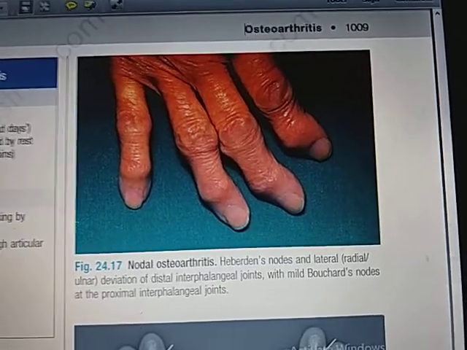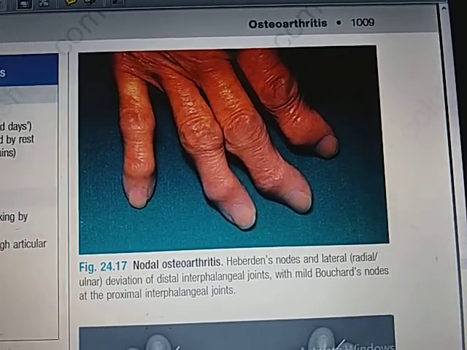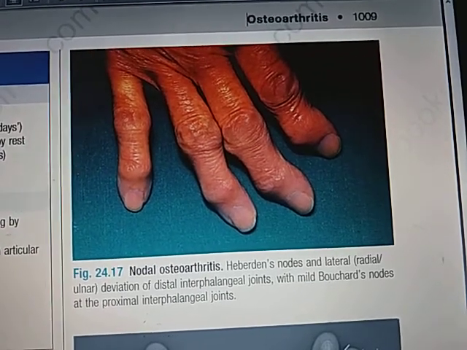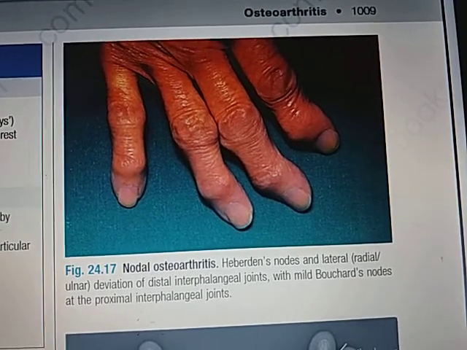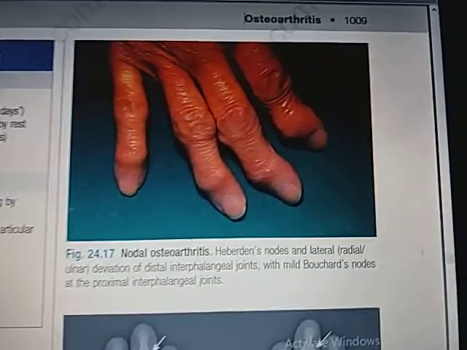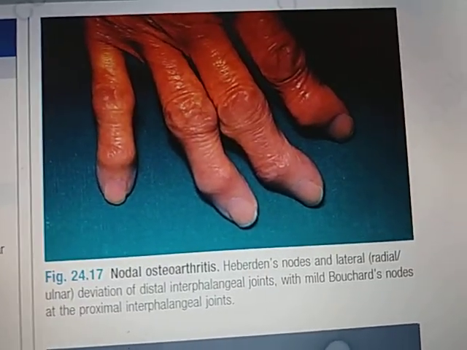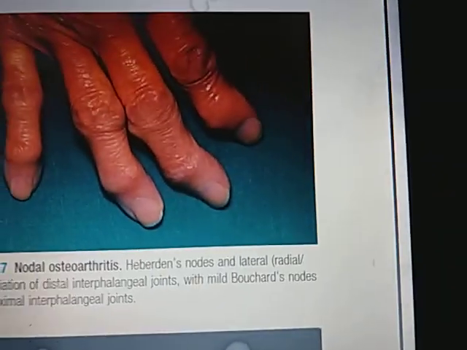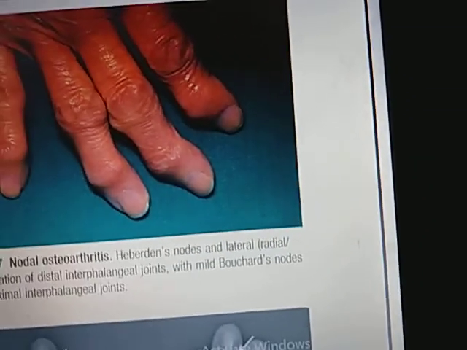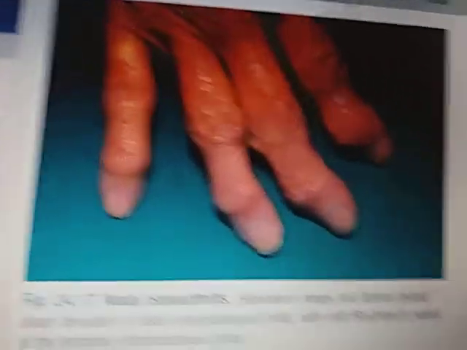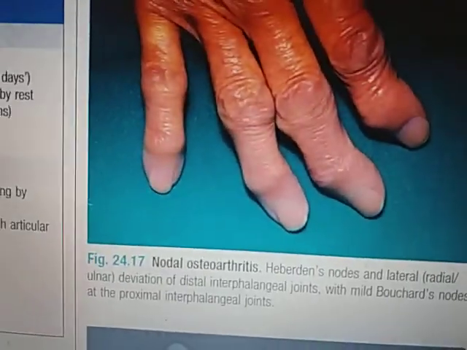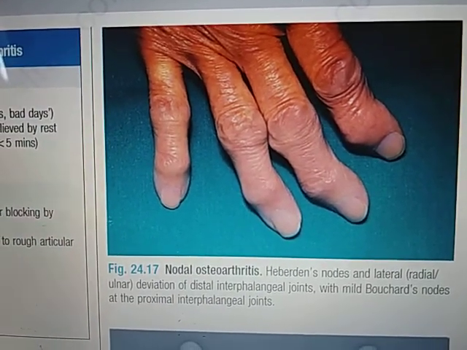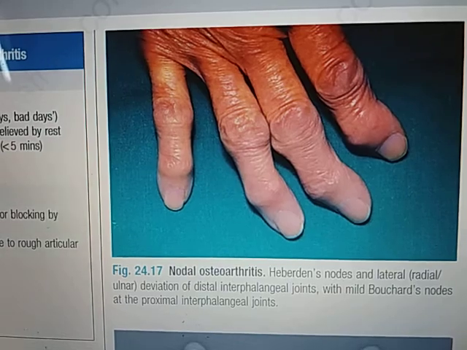There will be Bouchard's nodes in the proximal interphalangeal joints. OA also involves the first carpometacarpal joint, first CMC joint, at the base of the thumb, leading to what is called square hand. The distal phalanx of the finger may be tilted or deviated laterally.